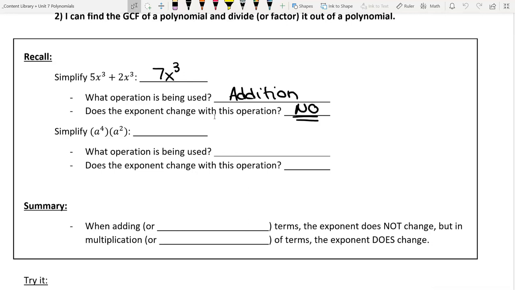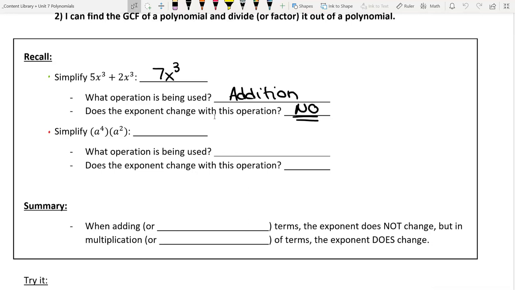But now, there's just these two that you gotta know the difference and know when to do what. Today, we're gonna be multiplying, and we spent a whole last unit talking about exponents, like when we multiply, when we divide, and all of that, okay? So simplify a to the 4th times a squared. You have to think back, when we have 2 different a's, what do we do with the exponents?